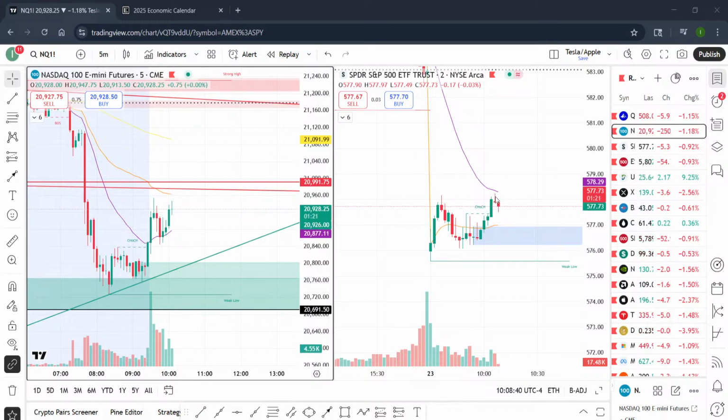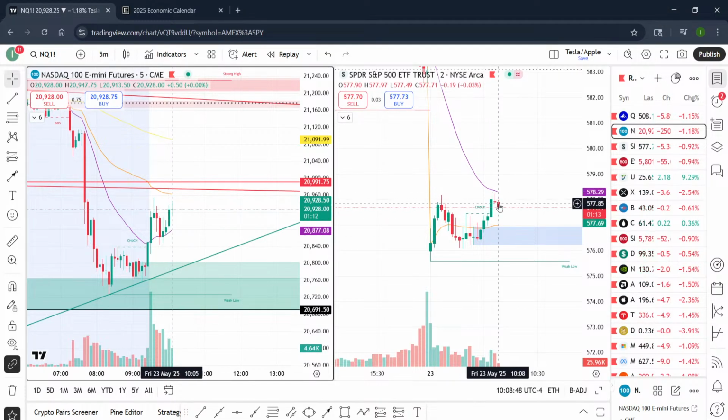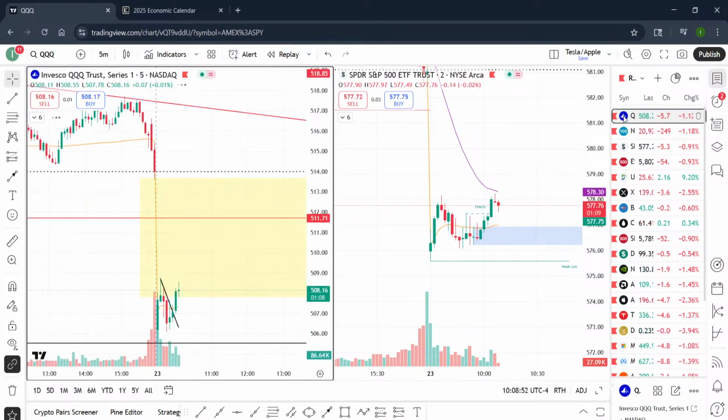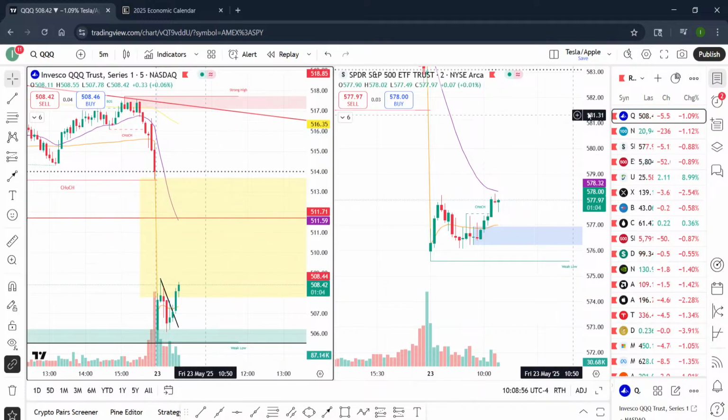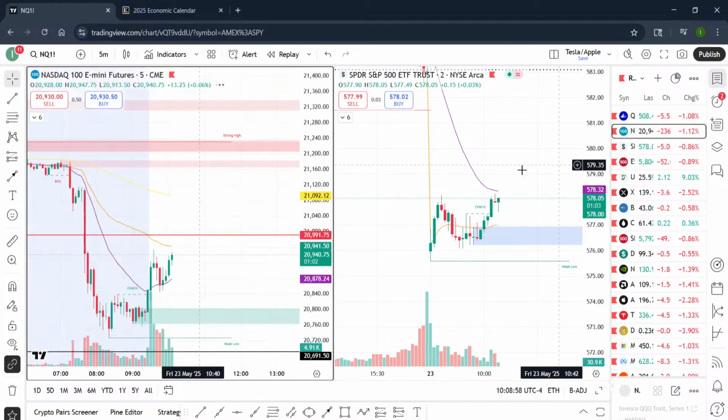Yeah, that's what I was saying right here about the S&P crashing with the 21 EMA. Just gotta be careful here. It could turn back. Slightly different here on the Qs.